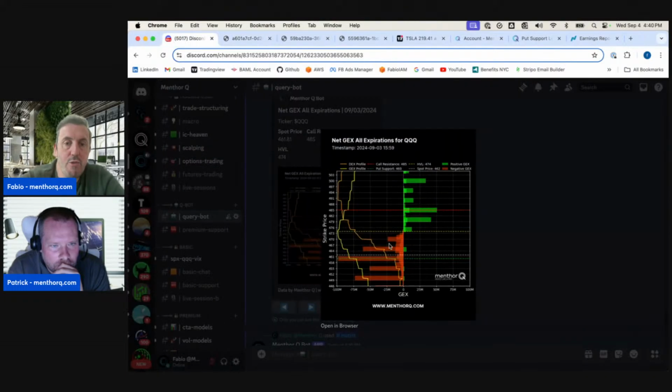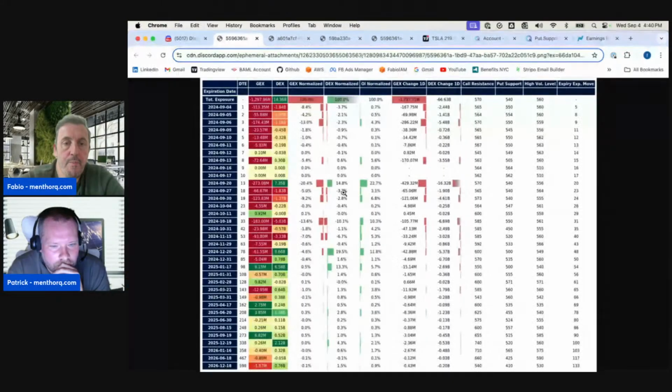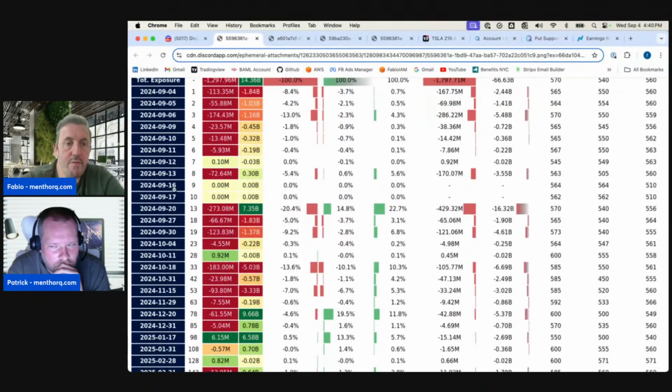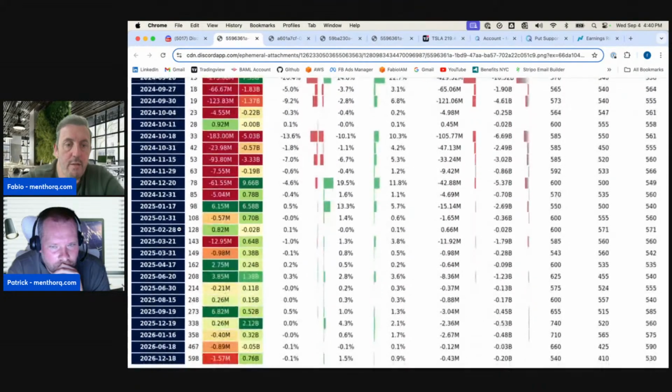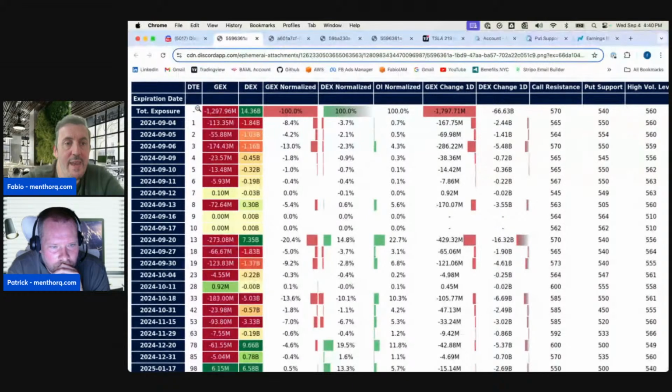If we go back to the matrix, here instead, we show you all the option chain. So here are all the different expirations from now till, again, we go until 2026 in this case. And then the column that you want to look for when you look at gamma condition. So gamma condition is really a positive or negative gamma, meaning it dictates the way that the market makers are going to hedge.